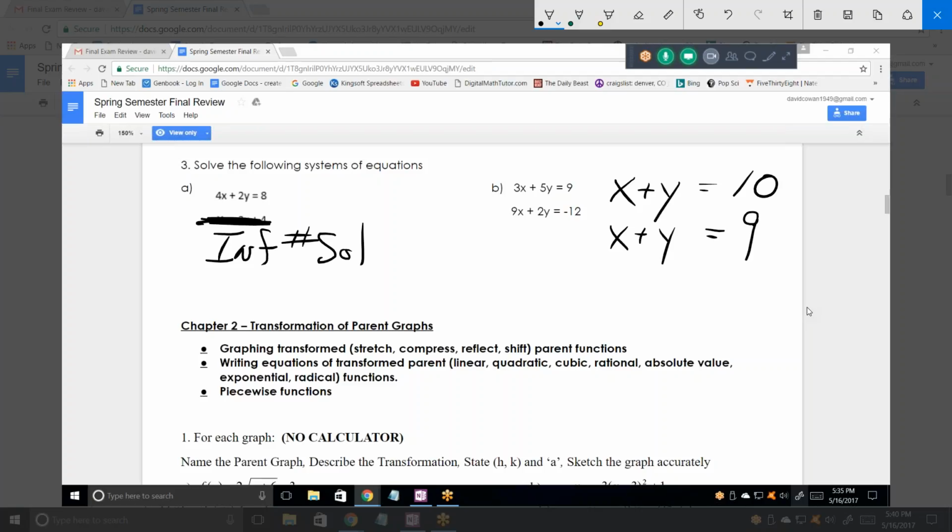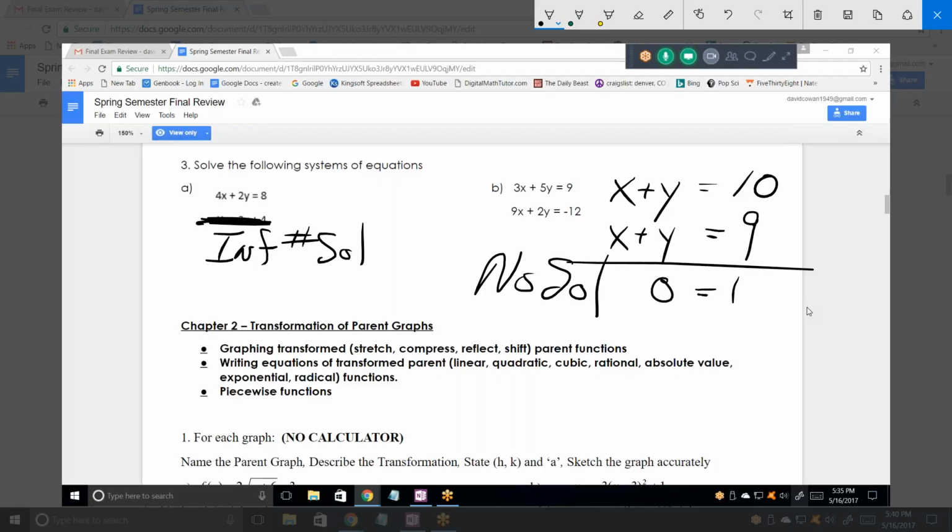Okay, do it. I was going to turn one of the equations into y equals. If I try just subtracting the two equations, I get 0 equals 1. That not only doesn't help us, but it's impossible. So that would be no solution.